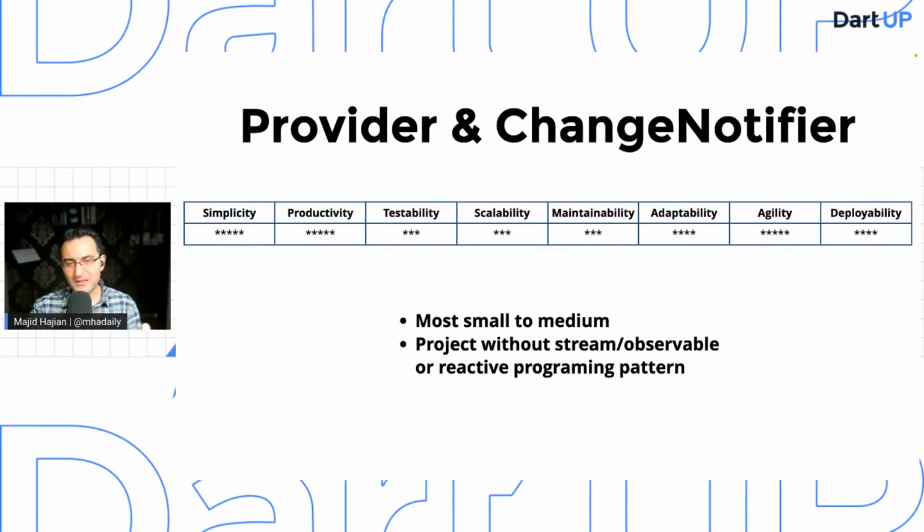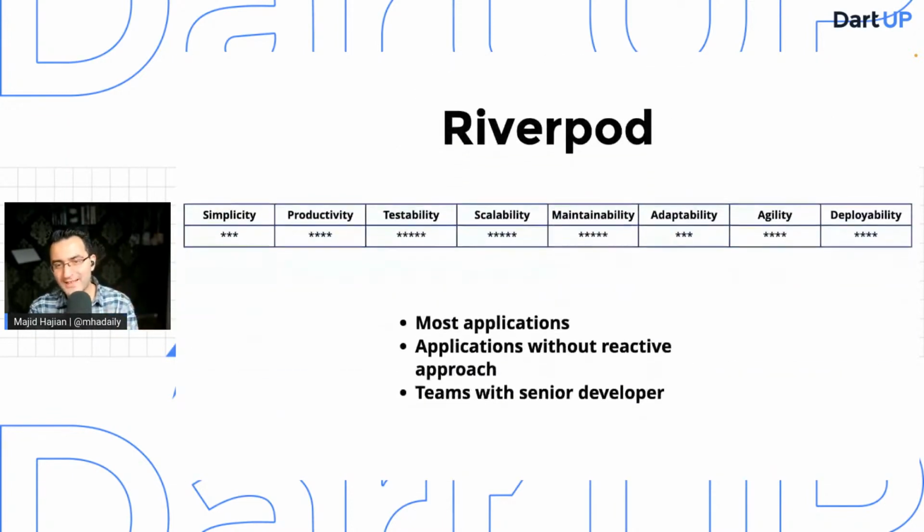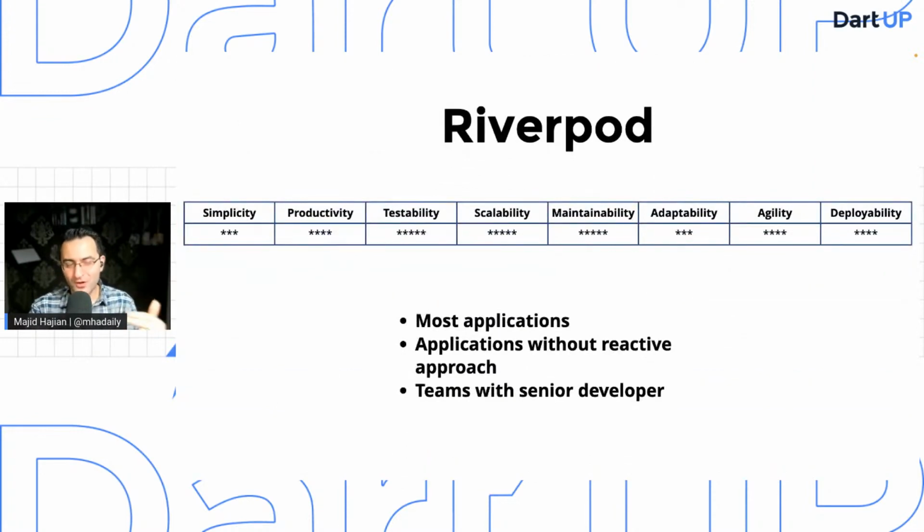Therefore, I omitted this. I don't want to choose it, even if it's the best one for me. So I'm going to go to the next one, which is recommended by the author of Provider and built by the author of Provider. That is Riverpod. The Riverpod package, well, I gave it a try.